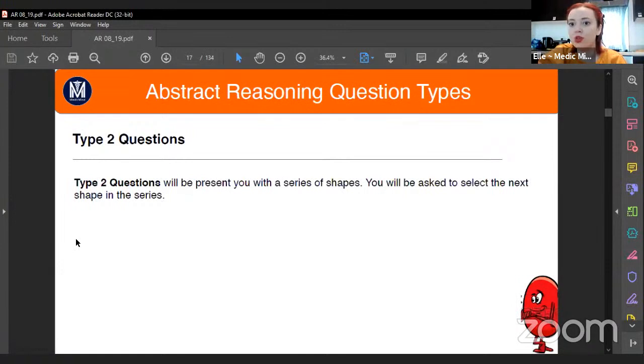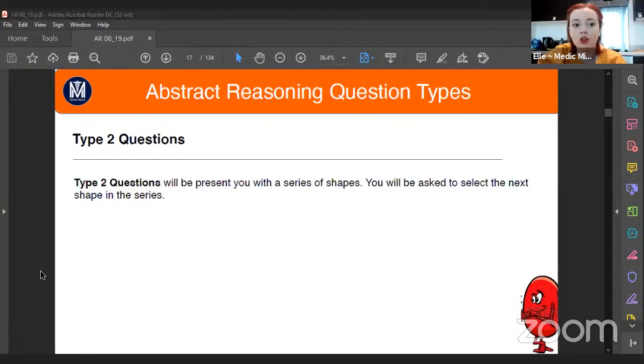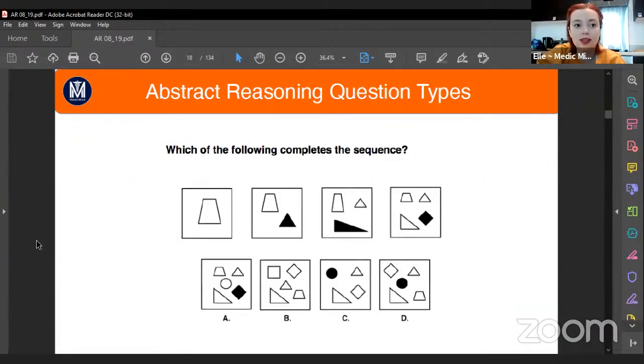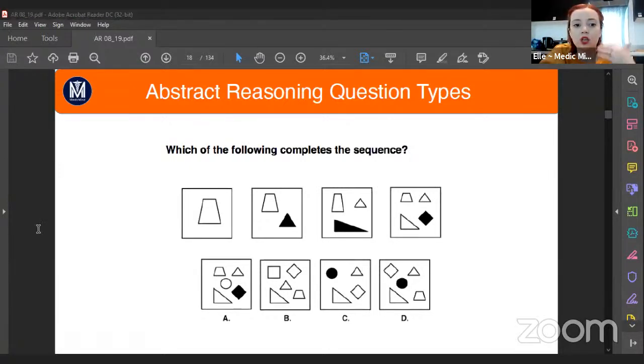Type 2 questions. These are a little bit different now. This is where you're given a series of shapes and you're asked to select the next one in the series. So this is an example of a type 2 question. As you'll see, you've got a series of shapes here, and you're looking for what is changing as you go along the series. This is quite different to the type 1 questions.